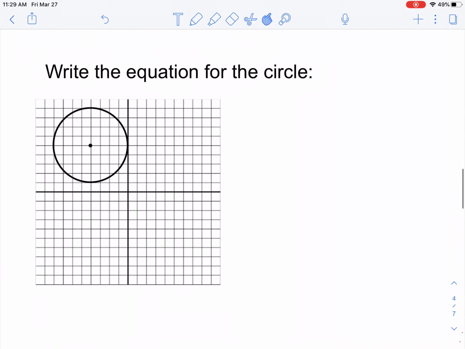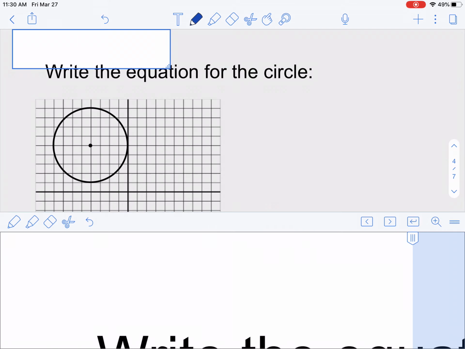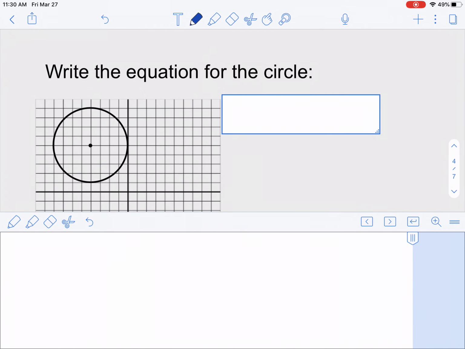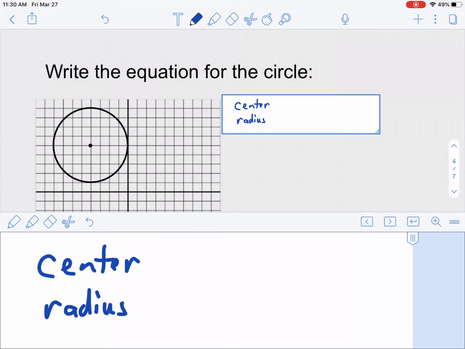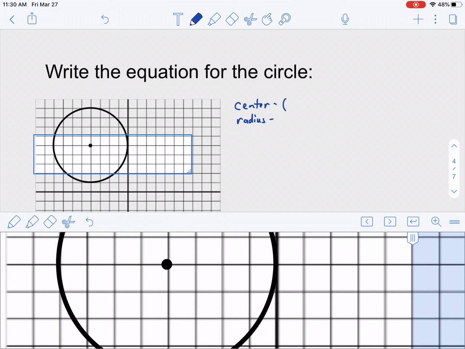Now let's work backwards. Now let's say I've got a circle that is already graphed. Can I write an equation for it? Well, we start off with identifying the center and identify the radius. Center, this coordinate right here.